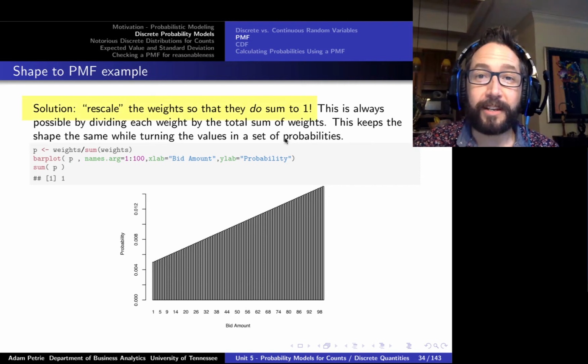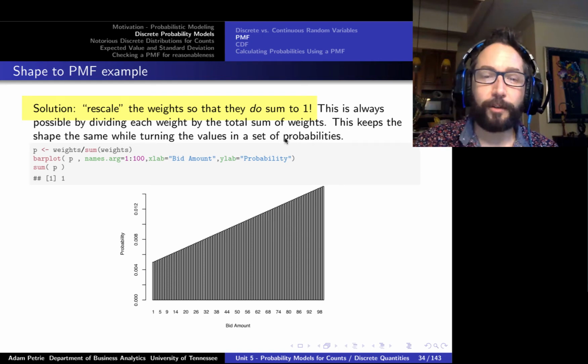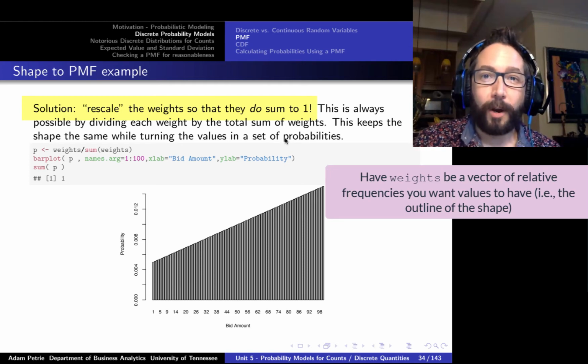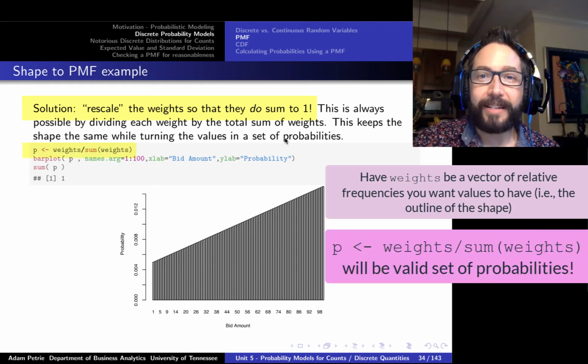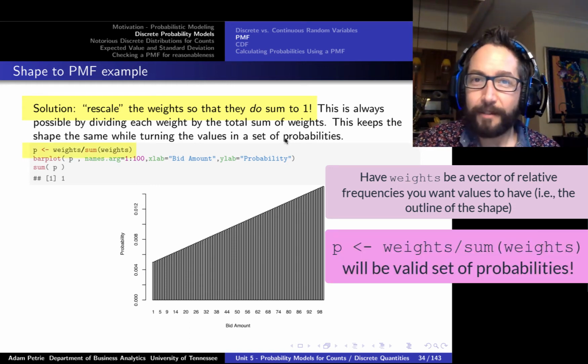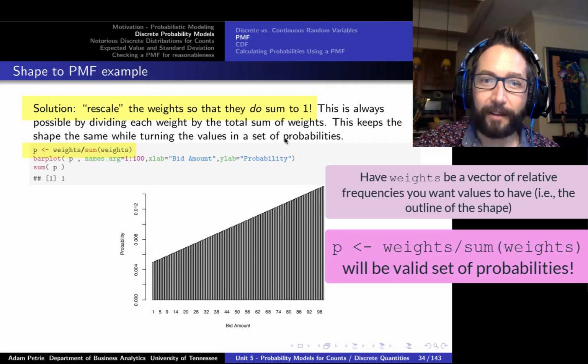Our solution is going to take those weights that we like, take that shape that we like, and just rescale those weights so that they do add to 1. How do we do this? Well, it's a remarkably simple process, so that's great. If we have a vector, say called weights, where we've given each of the possible outcomes some relative frequency that we want them to have, we can make sure that we end up with a valid set of probabilities, let's call it vector p here, just by taking the vector of weights and dividing by the sum of all the values of weights.